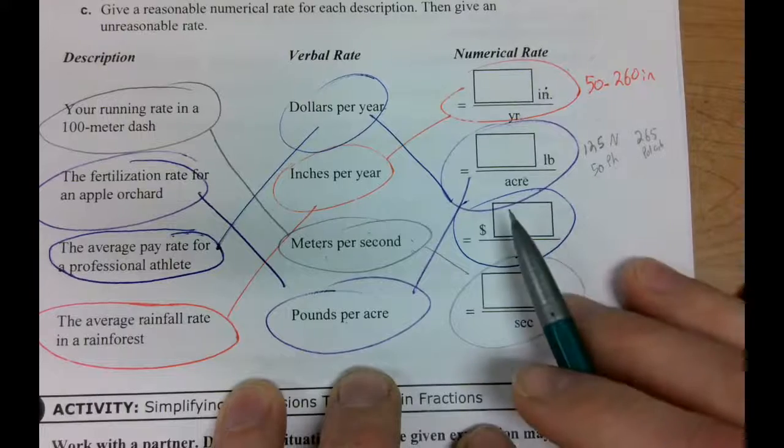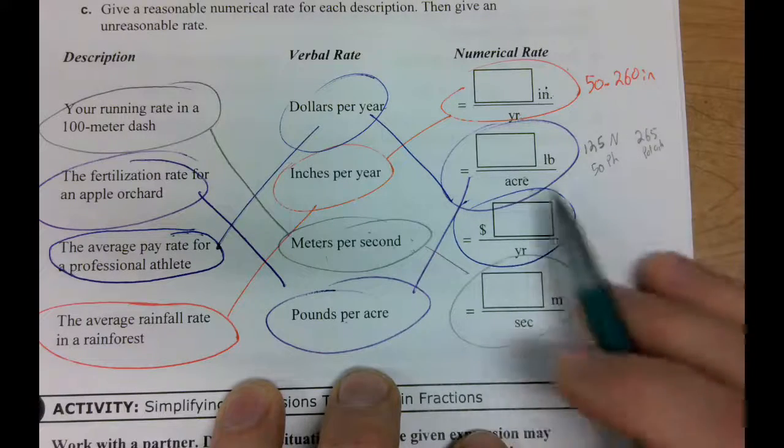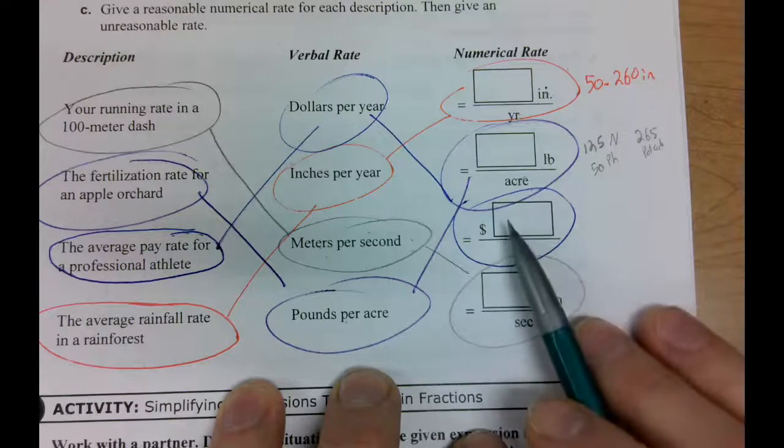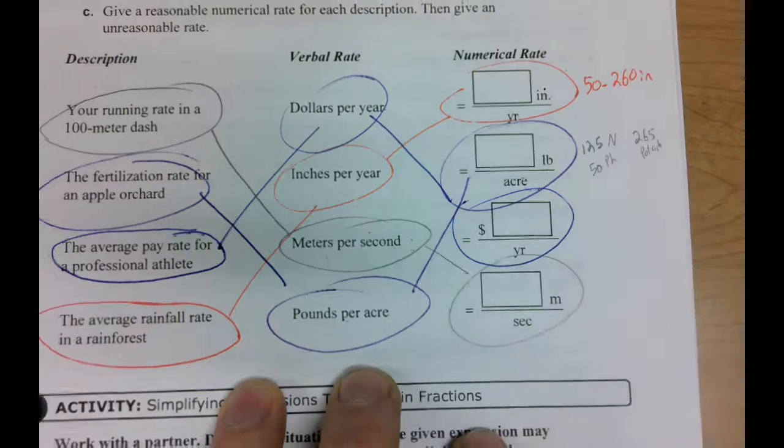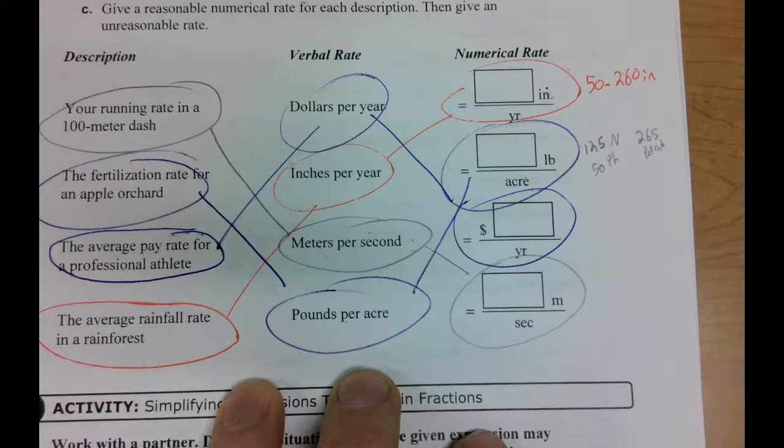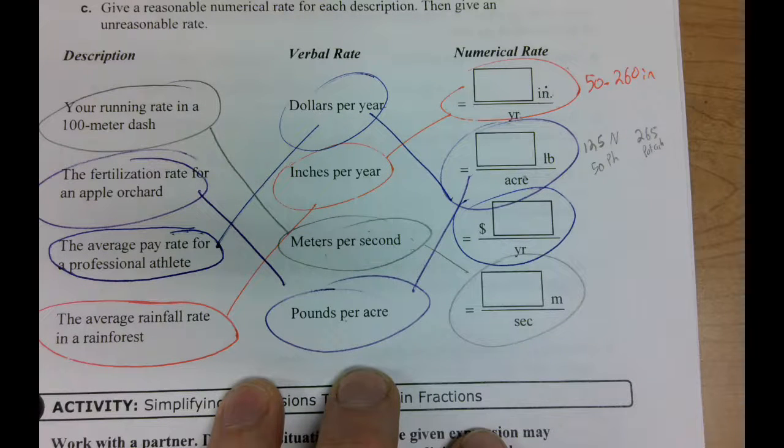But again, this is where in class we'd probably take a longer detour and talk about the average salary for a professional athlete. The trouble is, what athlete or what sport are you thinking about?